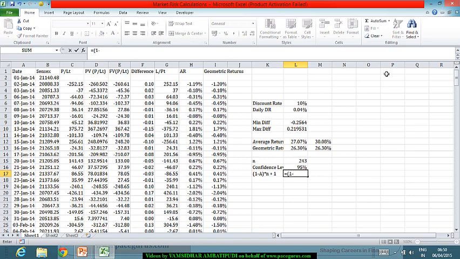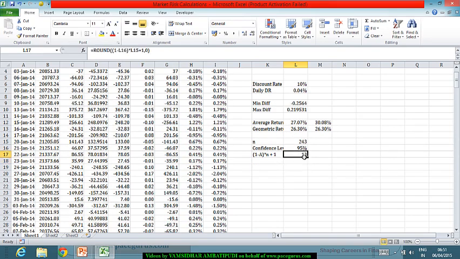It is 1 minus alpha, which is 95%, times n plus 1. Because we have so many records, I am really more interested in finding out the 13th observation; to be more precise, I can always round this off, and I am interested in the value corresponding to my 13th observation.